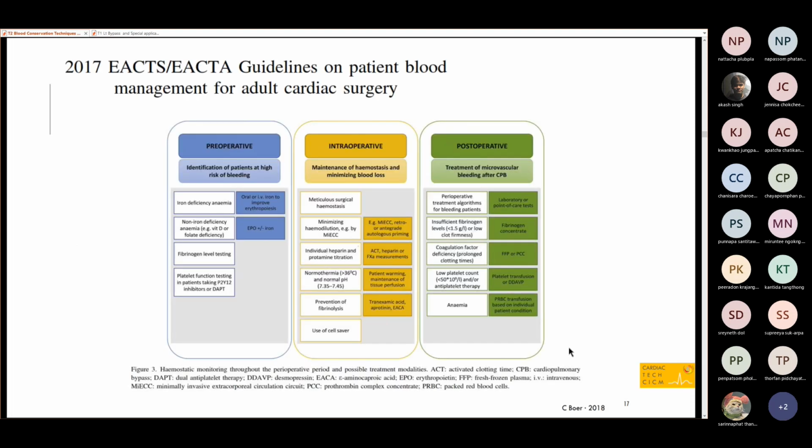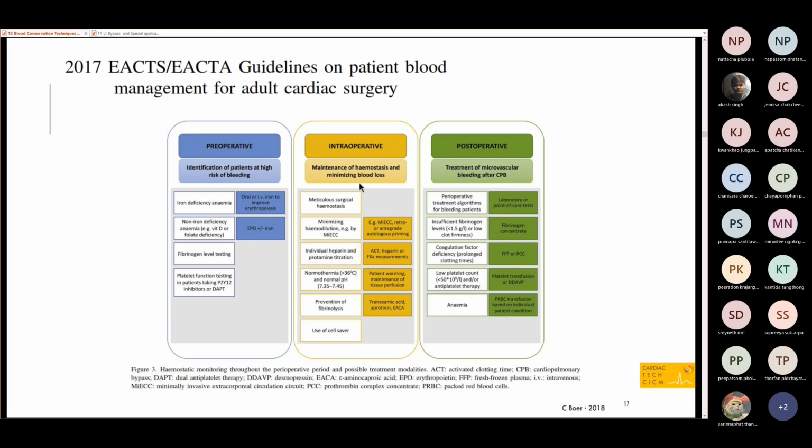Here is the updated guideline from the last five years. So the same preoperative: identify whether the patient is at high risk or not, like anemia, cell component level testing like platelet function, and any other lab report that can detect whether the patient is high risk or not.